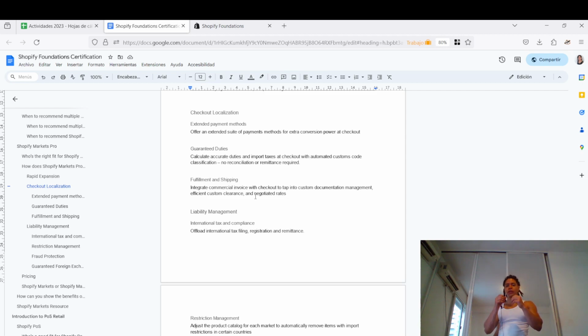And the benefit that Shopify Markets Pro offers to merchants is not only that it allows you to expand your reach faster by managing compliance, so you offload international taxes, duties, and compliance to the merchant of record, this legal entity, as well as a localized checkout because it offers more accepted payment methods, affordable shipping rates, and guaranteed duties.